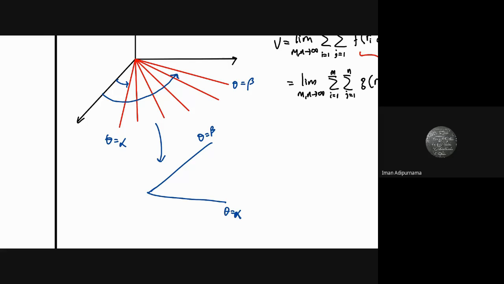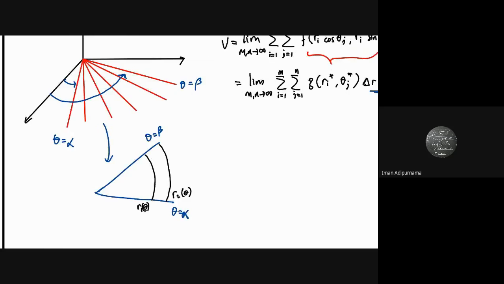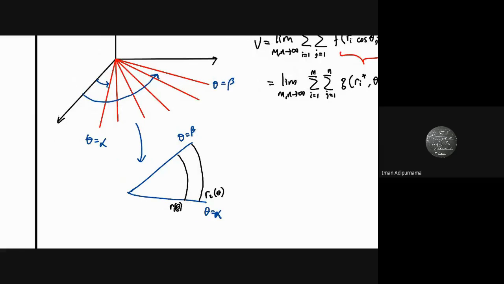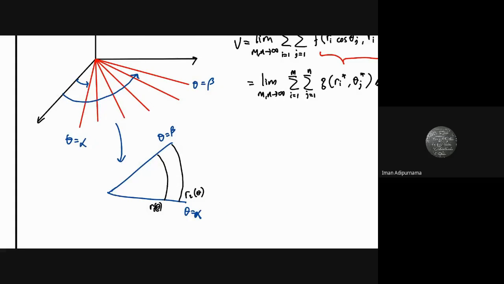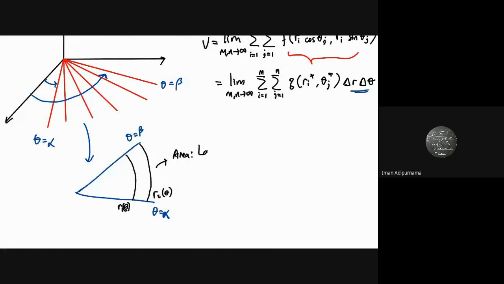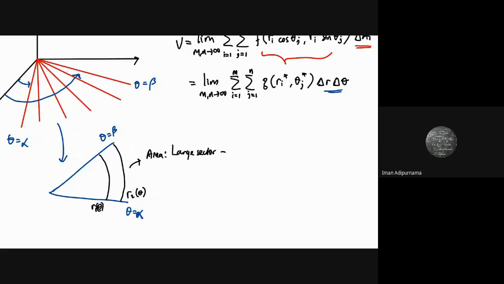Imagine that you have two different functions here with different radii. The area means the large sector minus the small sector.